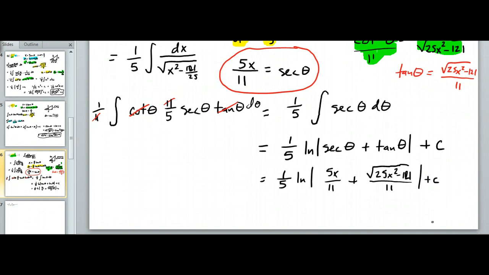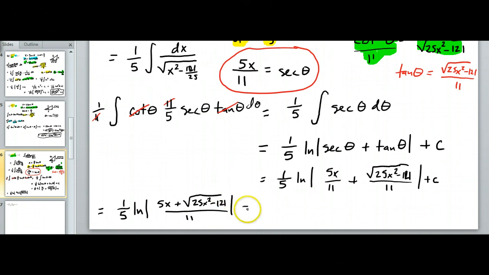Alright, and then now we're just going to do a little bit of cleanup here. So 1/5 natural log, because we can combine these two numerators because they have a like denominator, we get 5x plus the square root of 25x squared minus 121 all over 11, plus c.